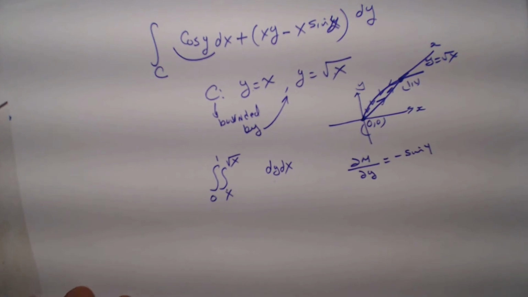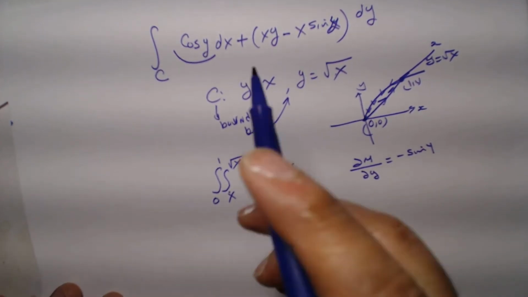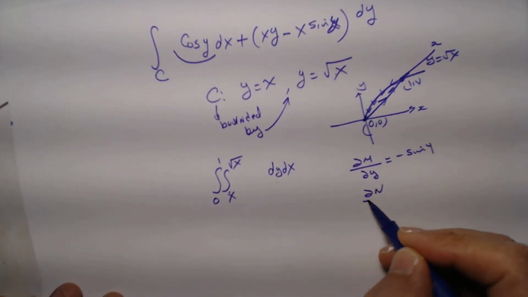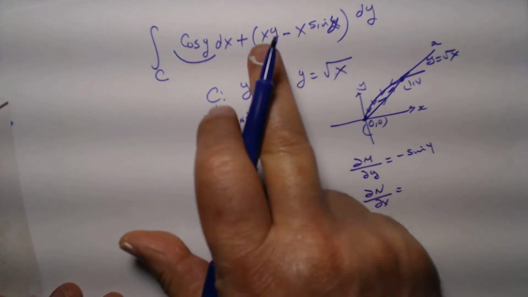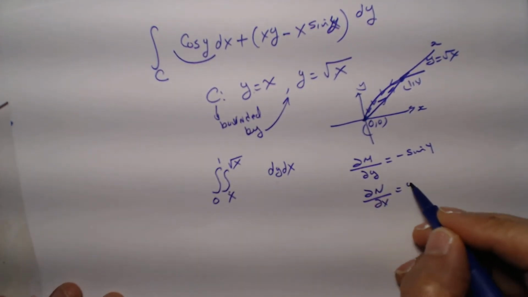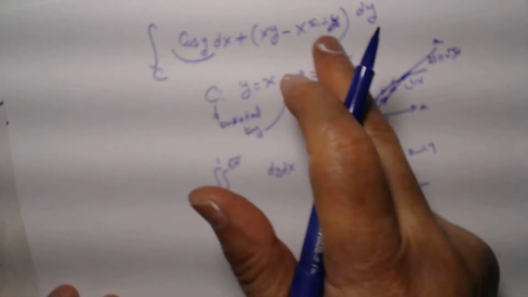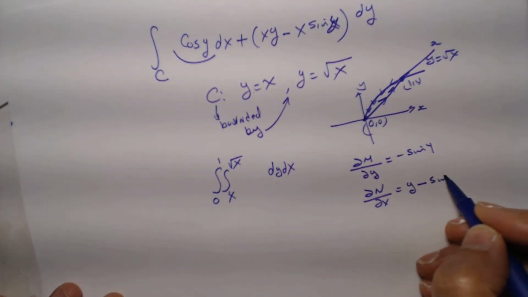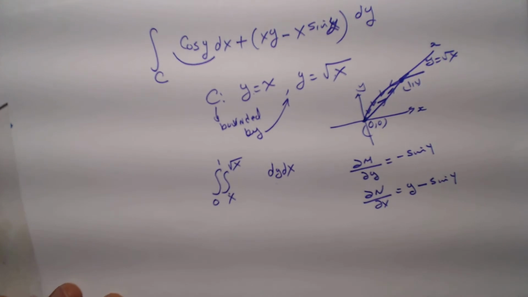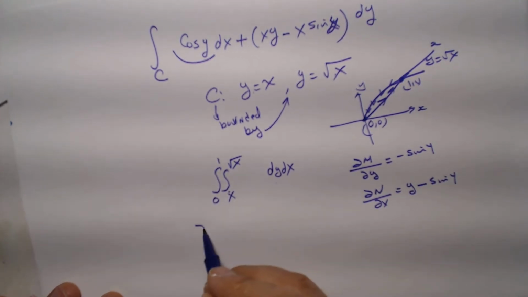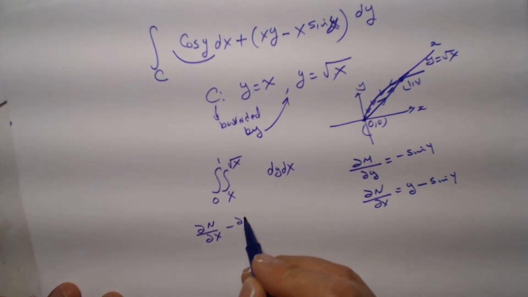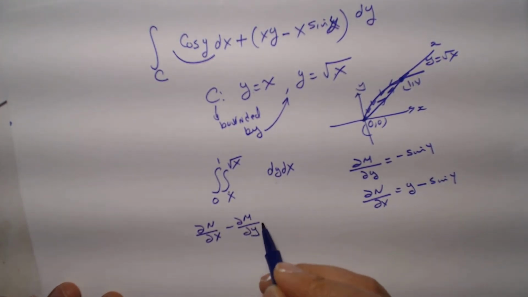That's not bad. But the partial derivative of N with respect to x is y minus, doing it with respect to x, you have a sine of y. Then I do need the partial derivative of N with respect to x minus the partial derivative of M with respect to y.